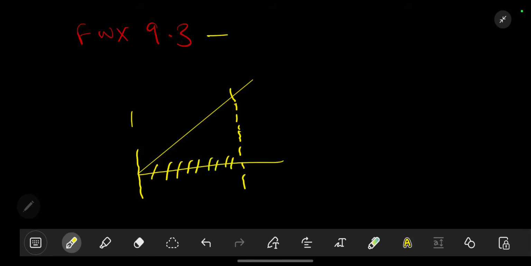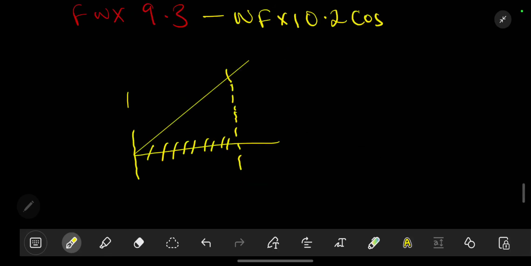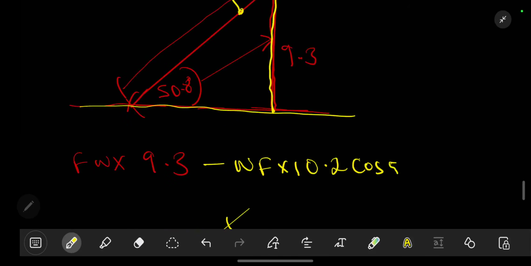So this is our separating distance like that. So we are going to have the weight of the electrician times our 10.2, because that's the distance he has traveled, times the cos. Remember, it's a cos because the angle is in contact. Cos of 50.8 degrees.